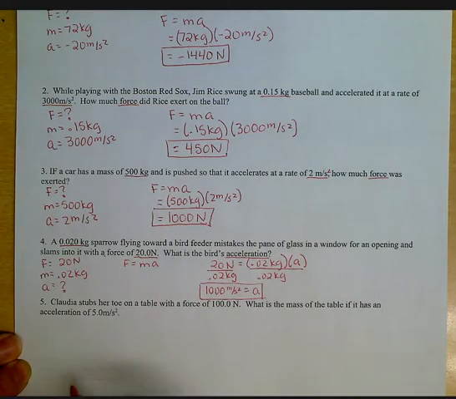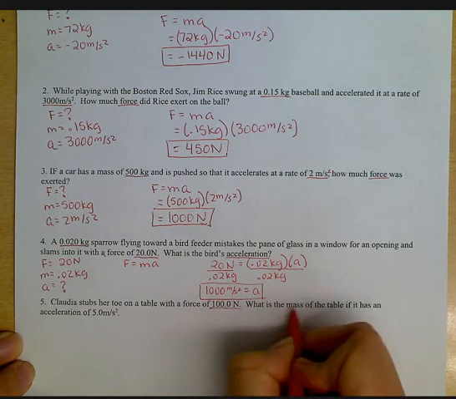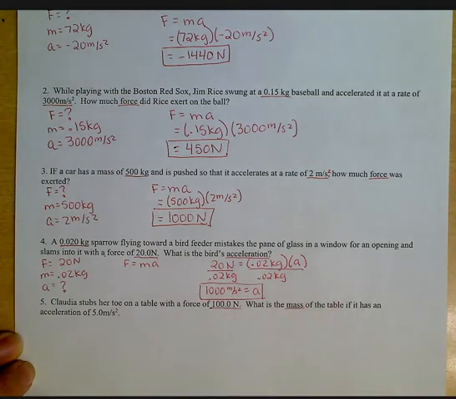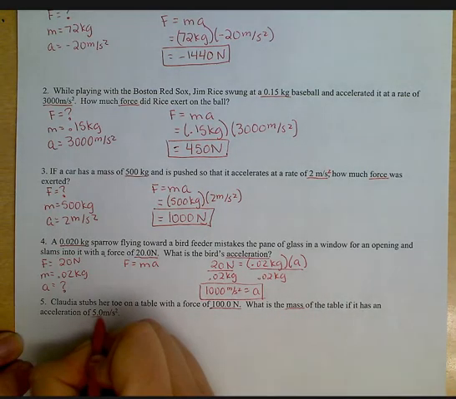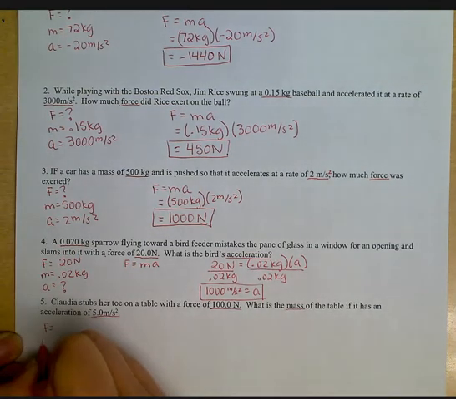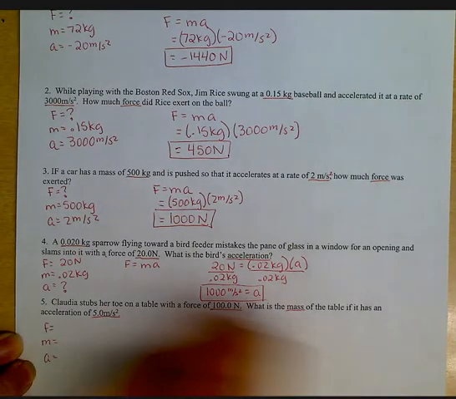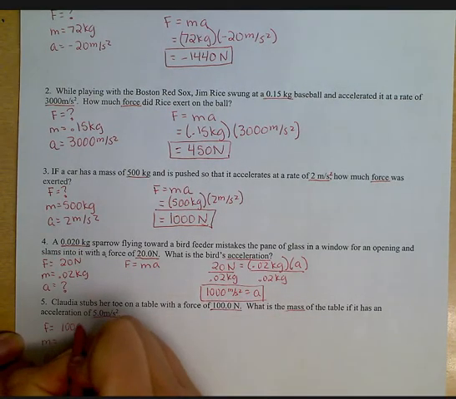Number 5. Claudia stubs her toe on a table with a force of 100 newtons. What is the mass of the table if it has an acceleration of 5 meters per second squared? So my force, my mass, my acceleration. My force is 100 newtons.